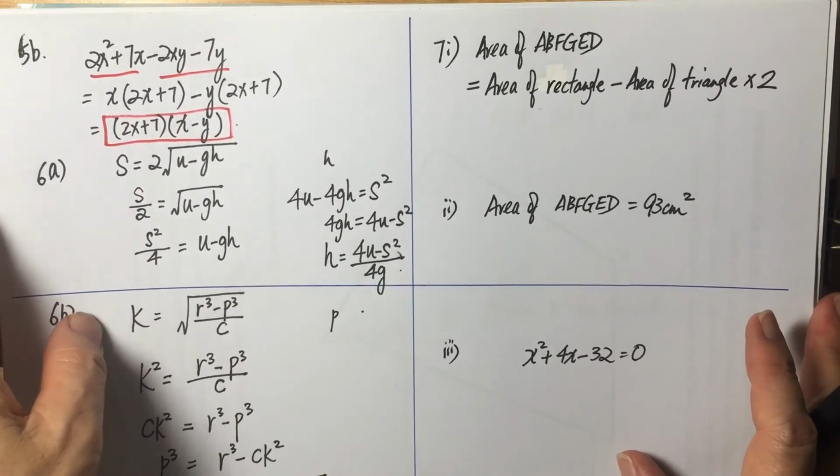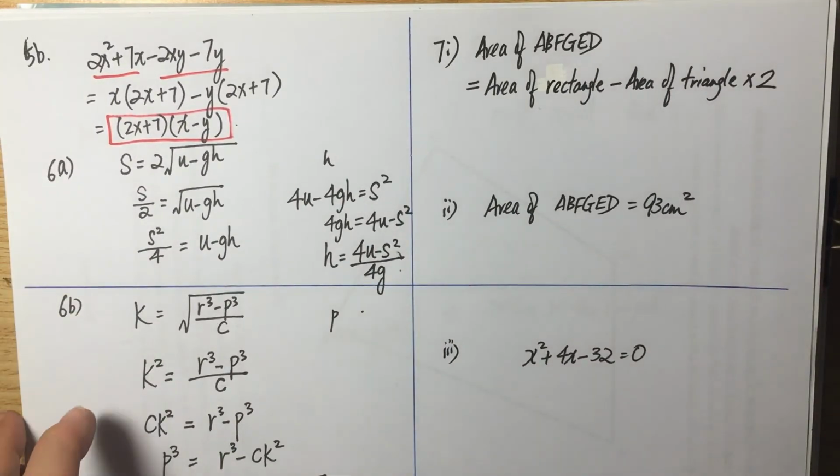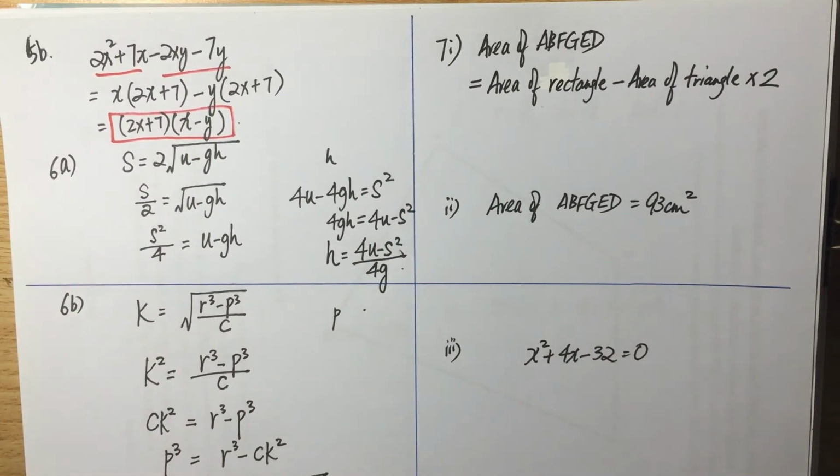Next, question 7. I want to find the area of the polygon ABFGED. I will use the area of the rectangle, which is the whole area of ABCD.